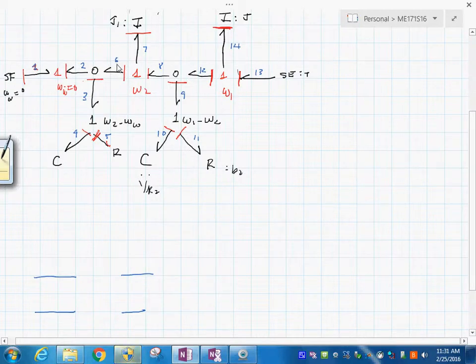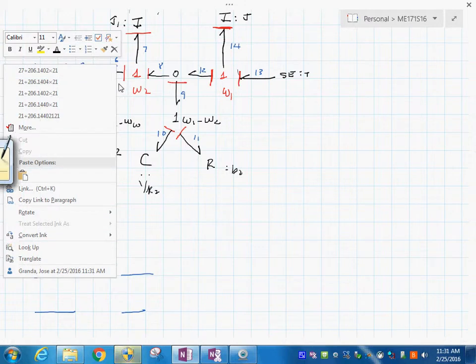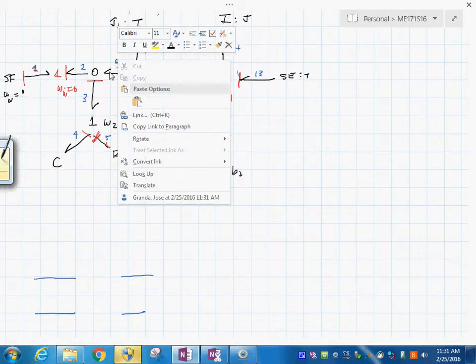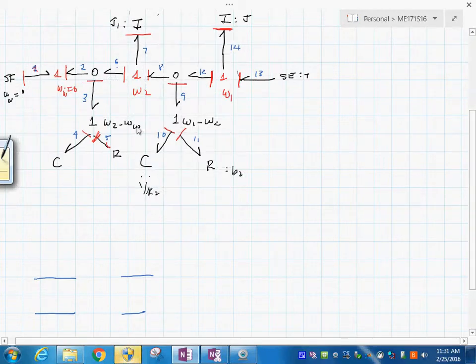And then we have for the I element up here, and then you have the other two in here like this, and then you have the I element over here, and you have the source of flow over here.